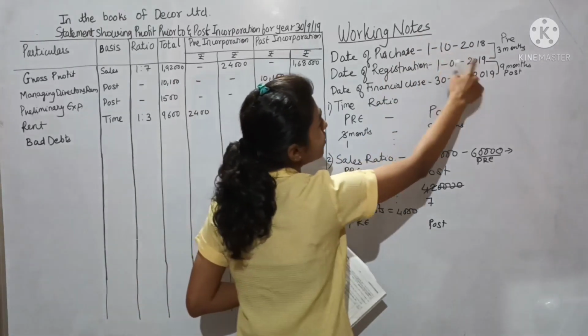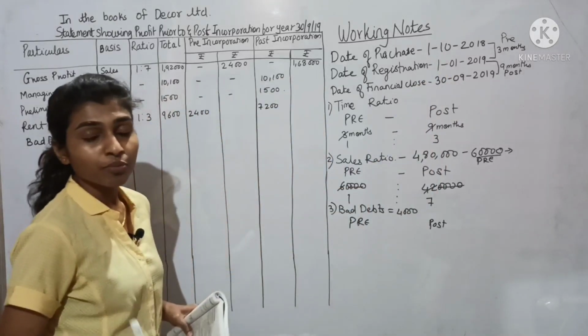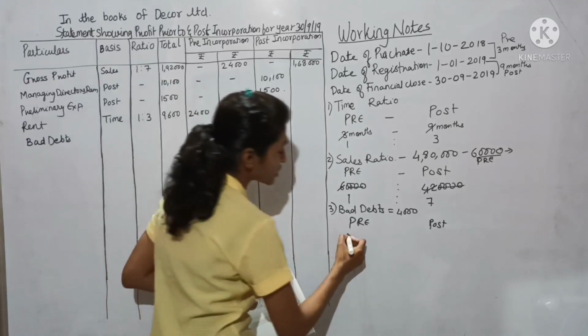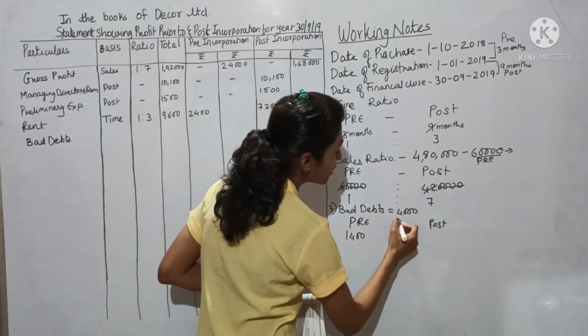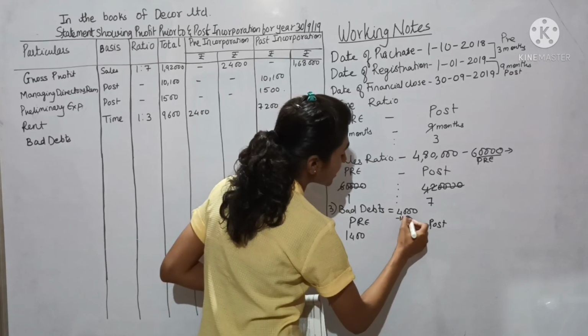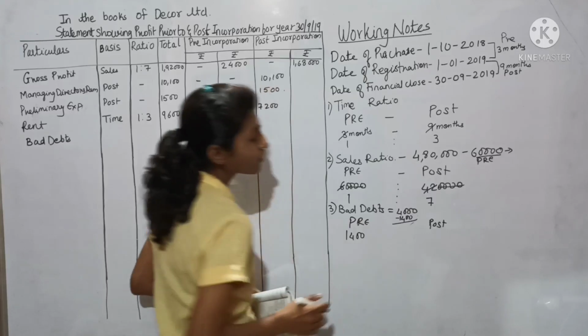That means from 1st October to 1st Jan 2019 is the period of pre-incorporation. So 1,400 is related to pre, remaining is of post.